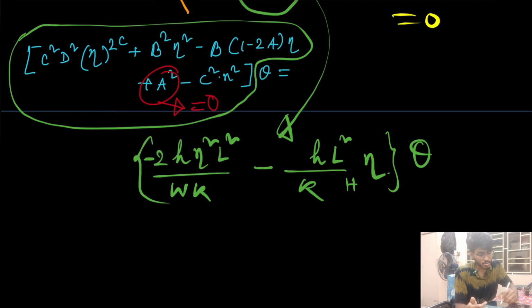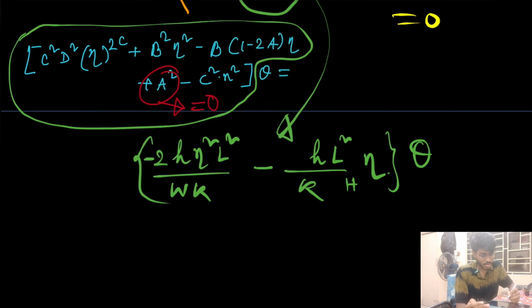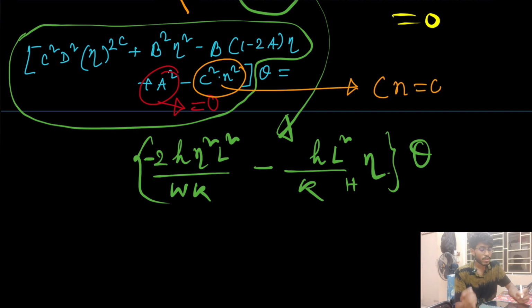This is equal to 0, and the c and n both are constants, but I am not having any constant. That means I am having my c into n equal to 0. Remember, you cannot say that your C is 0 or n is 0. You can say that your C into n equal to 0. Either your C can be 0 or your n can be 0, or both can be 0. That we'll see afterwards.